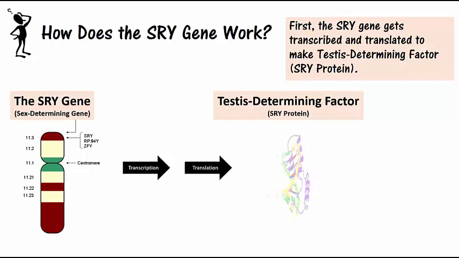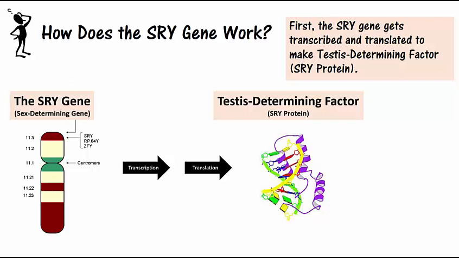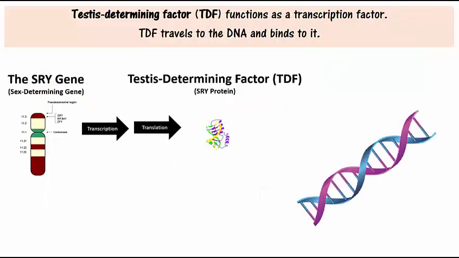First, the SRY gene gets transcribed and translated to make testes determining factor, or SRY protein. Testes determining factor, or TDF, functions as a transcription factor. TDF travels to the DNA and binds to it.